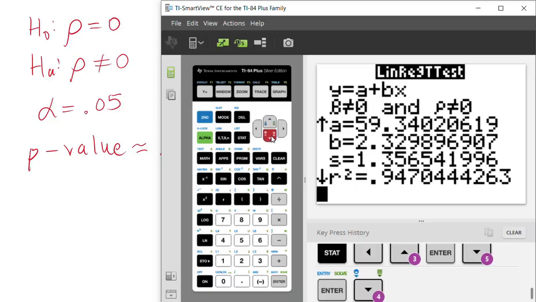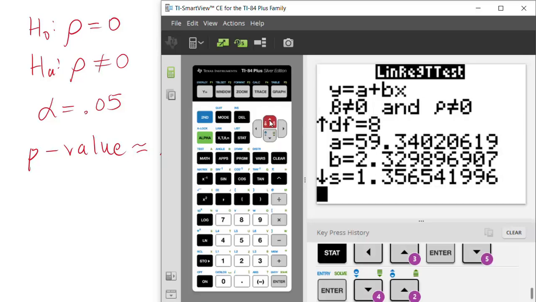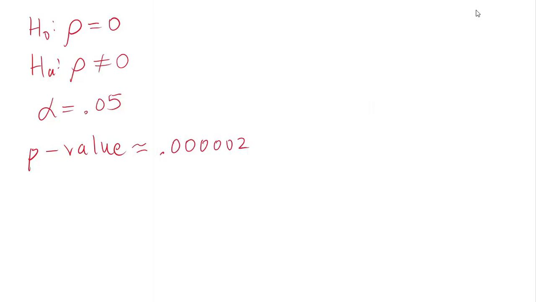You can actually see the value of r if you scroll all the way to the bottom. And you can see that r is almost 1. We have a very strong positive linear correlation in the sample, and the p-value is basically telling us that the strength of that correlation in the sample allows us to conclude that the population is also probably going to be linearly correlated. Our p-value is definitely less than alpha, so we're going to reject the null hypothesis.